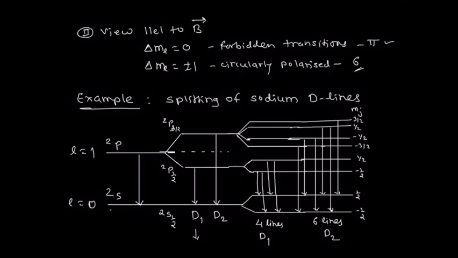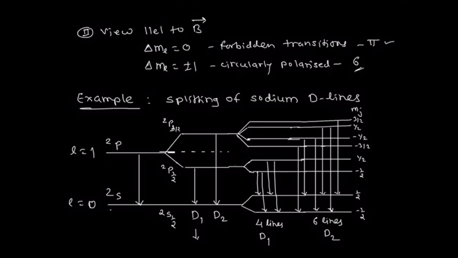Hence, doublet S half in presence of weak magnetic field gets splitted into two lines. Lower one is Mj is minus half, upper is plus half. Similarly, we split doublet P half term. Again, it is splitted into two lines.